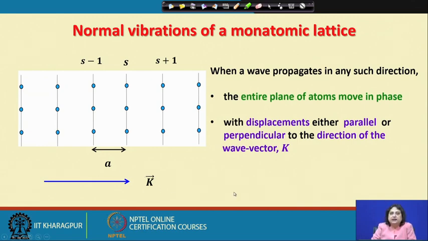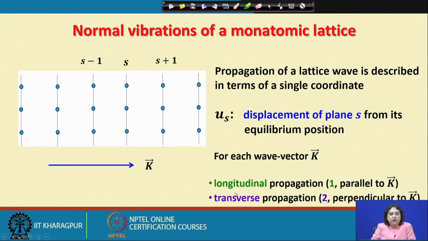Now, let us try and understand this by taking the actual example of what will happen when this equilibrium picture has a particular direction of propagation. This is the direction of propagation of the wave vector k, and I have linear arrays of atoms arranged in this direction.